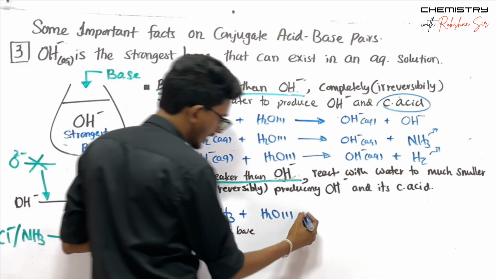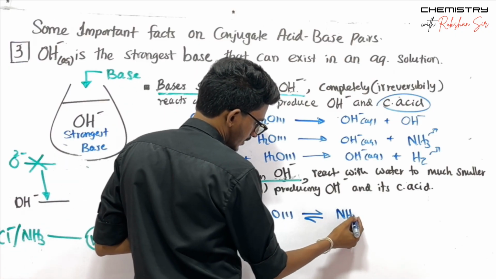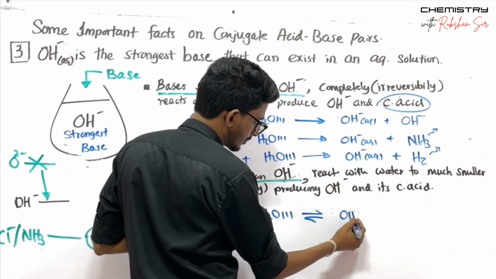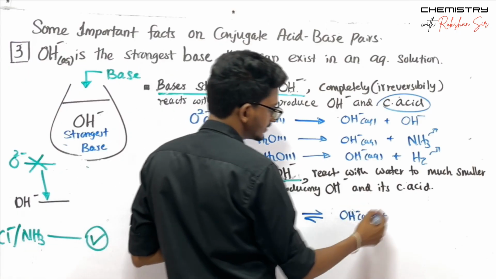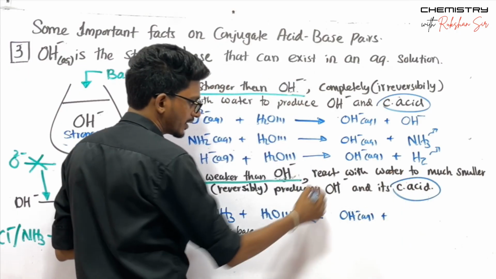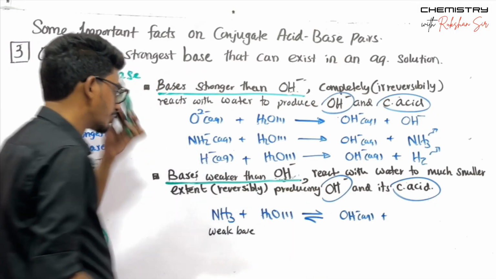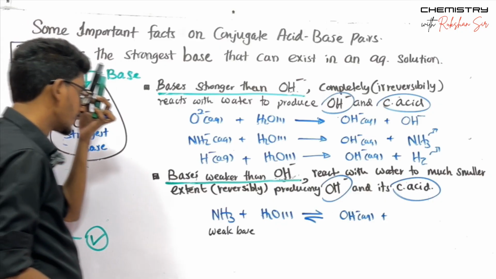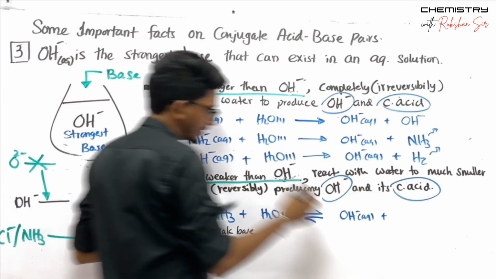That is why it can last in an aqueous solution. Even though you are producing the OH minus and the conjugate acid as products, whether you are dealing with a stronger or weaker one, it comes up as an equilibrium reaction as it's a weak species.